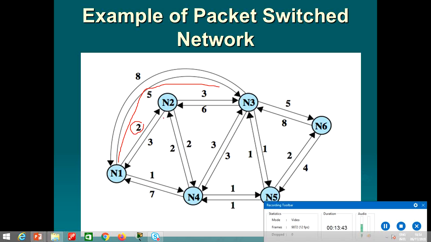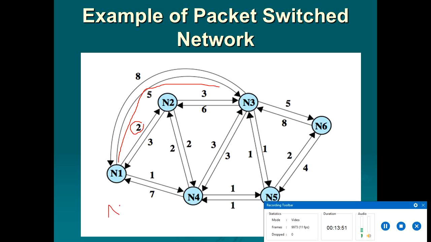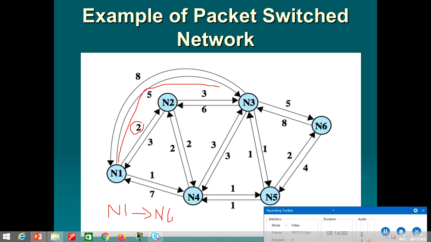So let's take up this example. This is a figure. Now for example, from N1, if I want to go to N6, let's assume that my first criteria is minimum hop.